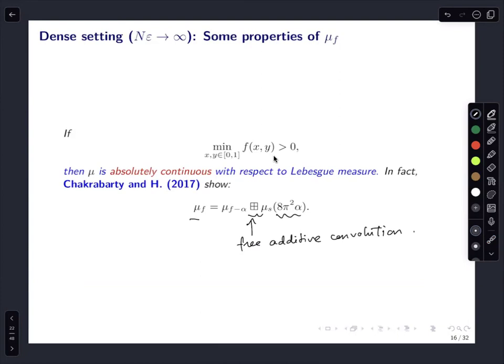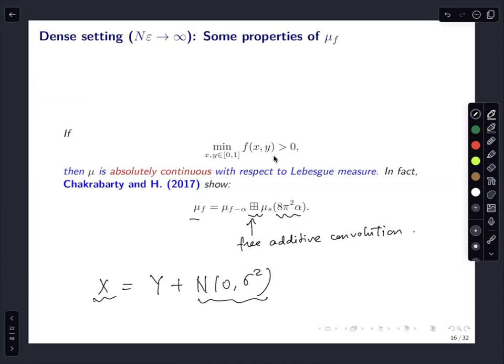So what you know is that if you have a random variable x, and you can write it as y plus an independent normal with mean 0 and variance sigma squared, then you immediately know that x is absolutely continuous, because this normal is smoothing out your other random variable y.